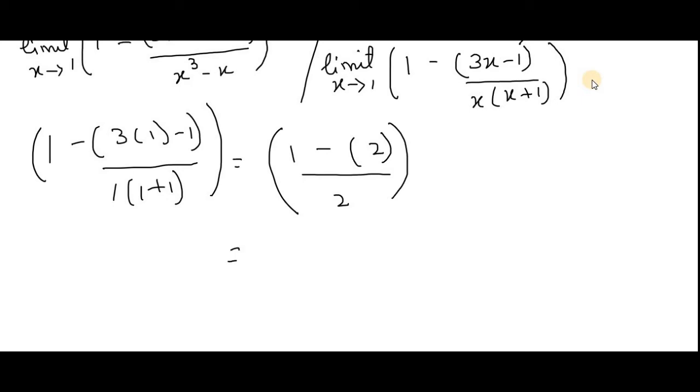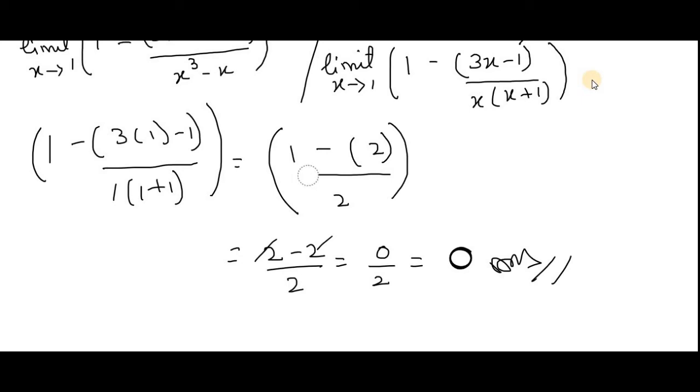So taking the LCM, we get 2 minus 2 over 2, it is cancelled, so 0 over 2, and hence we get 0. This is the answer. So I'll make one slight correction here, that it is like this.